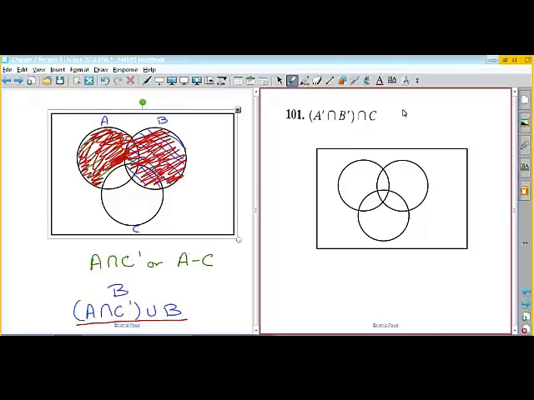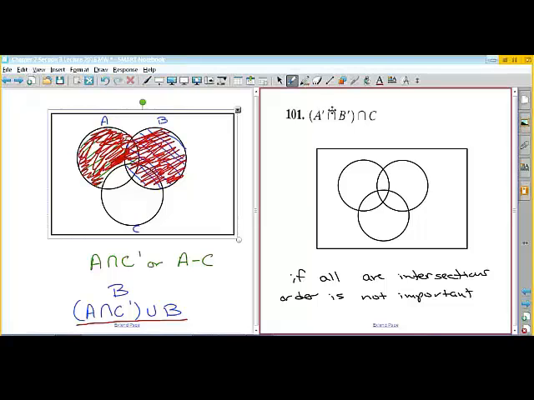The second result is if all of these operations are intersections, which happens a lot, the order is not important.